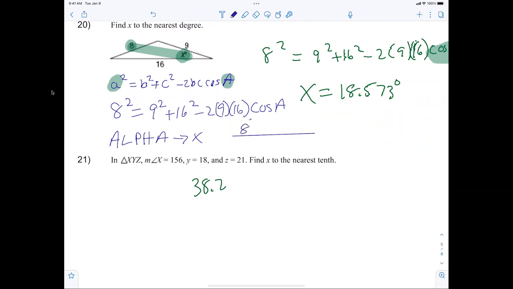I'm going to put 8 squared minus 9 squared minus 16 squared over -2 times 9 times 16. And now you can do it in one step. Does everybody see that? That equals cosine of A.